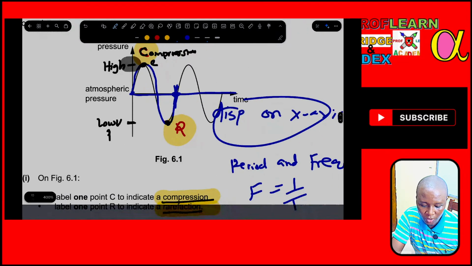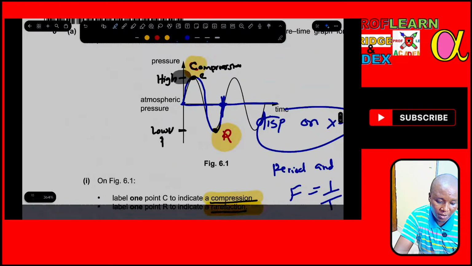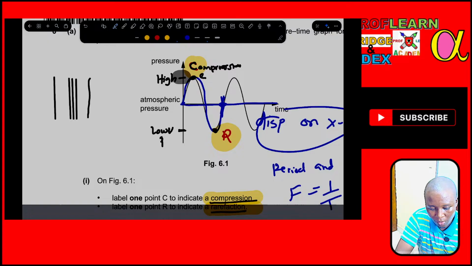So you need to understand, this is sometimes drawn using lines. You can draw lines like that. The region where lines are very close is called compression.